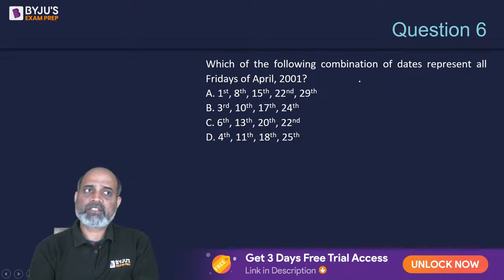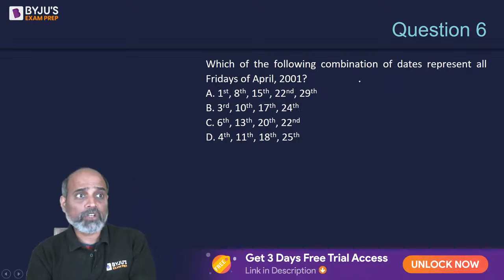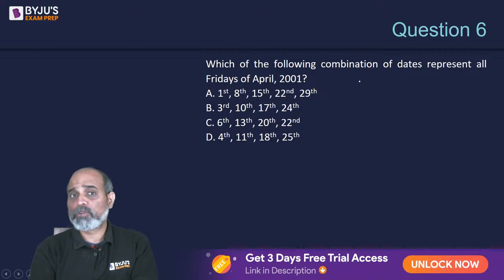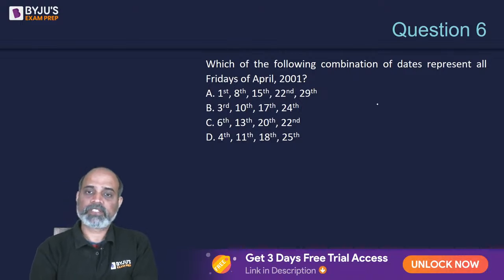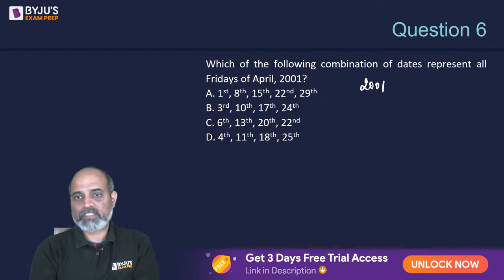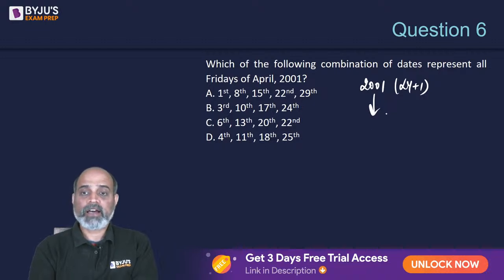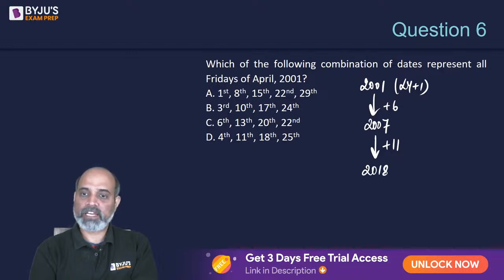After every 6 years or 11 years or 28 years, depending upon what kind of year those are, right? So 2001's calendar is of the type leap year +1. This will be repeated after 6 years. So it is going to be in 2007. 2007's calendar will be repeated after 11 years, which is going to be in 2018.